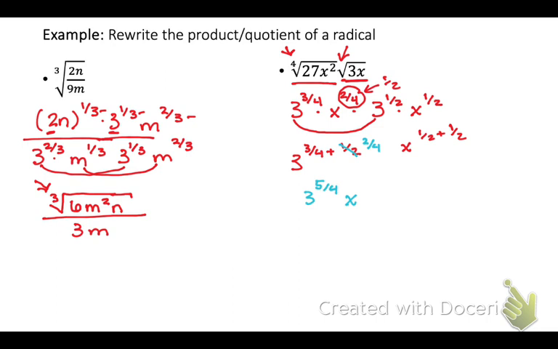So 4 goes into 5 one time with a remainder of 1. I'm going to have 3 to the first and 3 to the 1/4, and then x. Can I put x right behind the 3? Because it's already out, right? So 3x, the 4th root of 3.